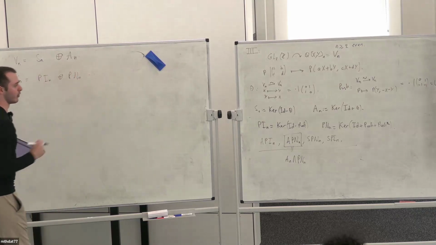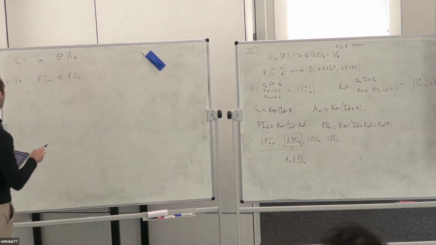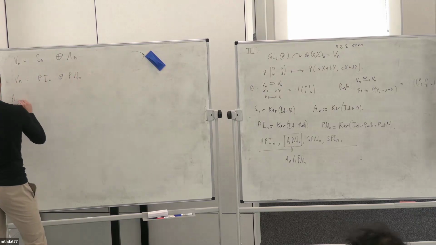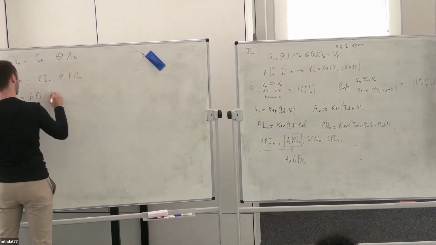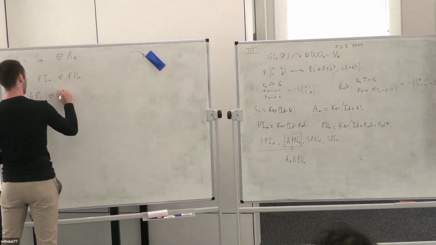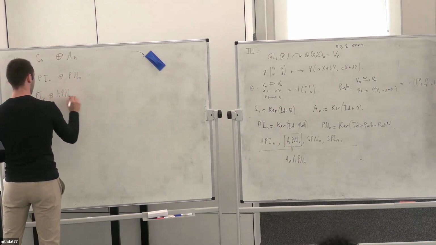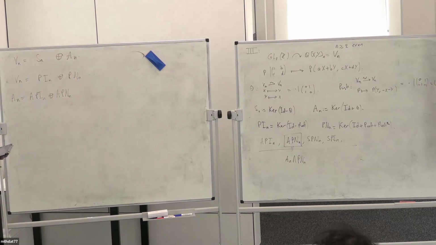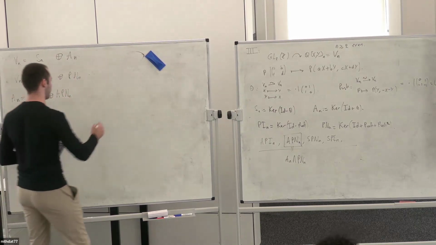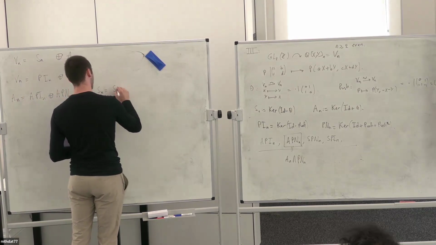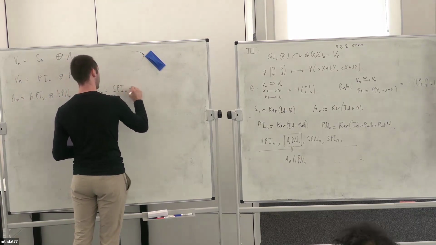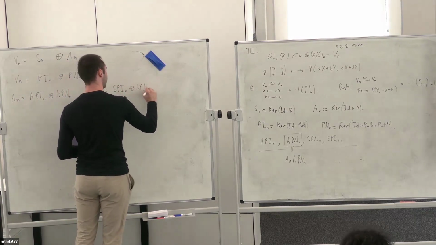But because they do not commute, we a priori don't expect An to be the direct sum of API and APN. But this is the case. It's not so hard to prove, but they do not commute. It's still the same here: Sn is the direct sum of SPI and SPN. This will be very useful for what we're going to do.